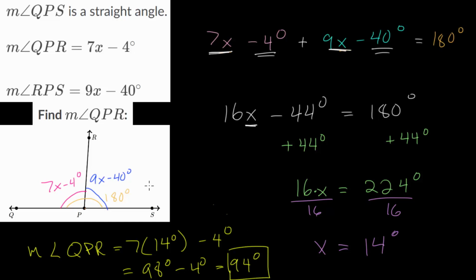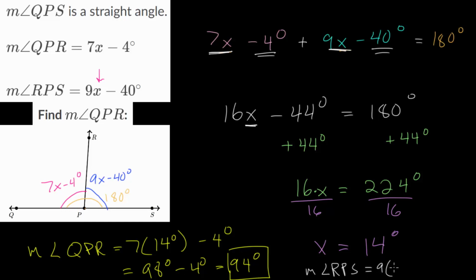And if we want, we can also plug in x here into our other angle and make sure that these two angles do in fact add up to 180 and that they're supplementary. So if we plug in 14 there, let's rewrite that down here, we have the measure of our PS. We're just checking our work now.